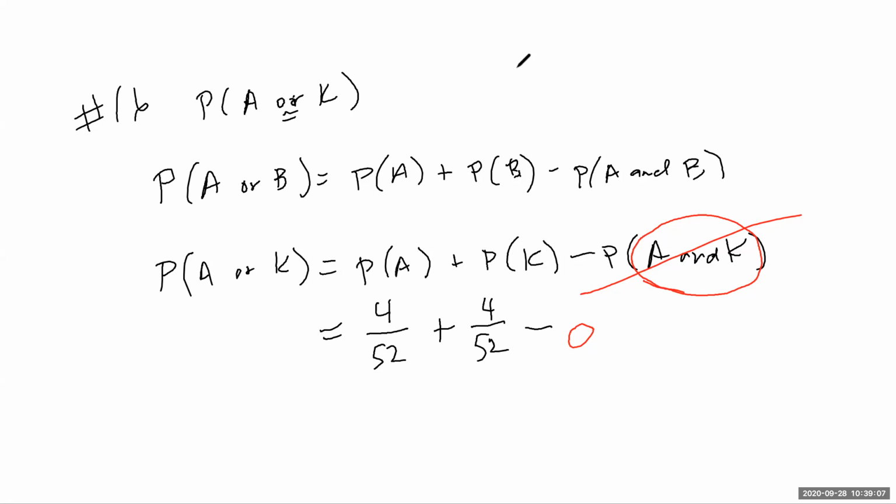You cannot be both an ace and a king at the same time. We get 8 over 52, which reduces to, what's that? 4 over 26, sorry, 2 over 13. There we go. So the probability of drawing one card that is an ace or a king is 2 over 13.